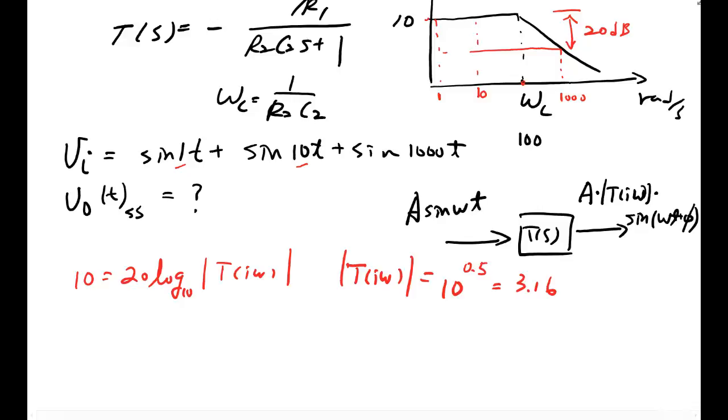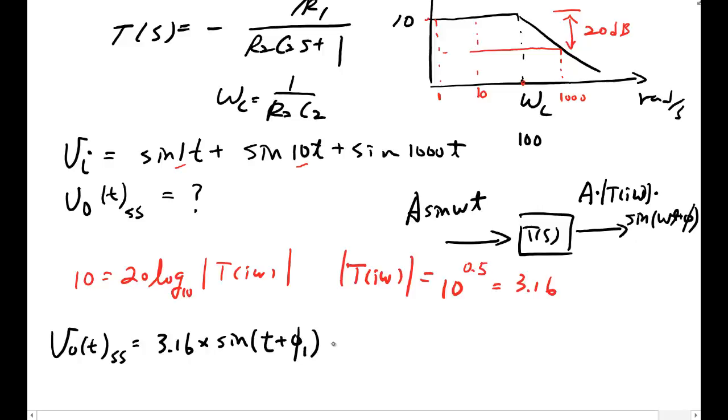So my output signal in steady state, again, steady state is after the transient part decays, I should have 3.16 times sine t, or let's just put t because 1 is unity, plus a small phase here, and 3.16 times sine 10t plus another phase shift.